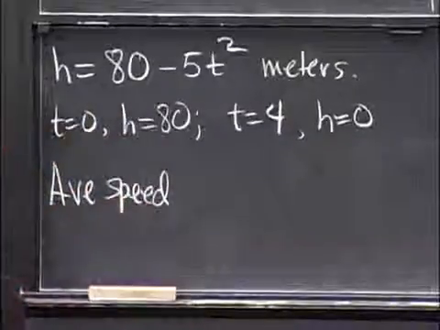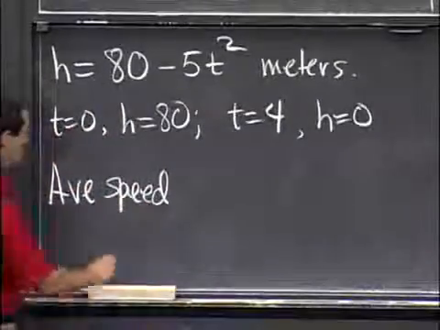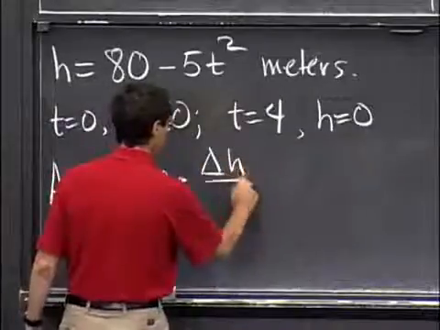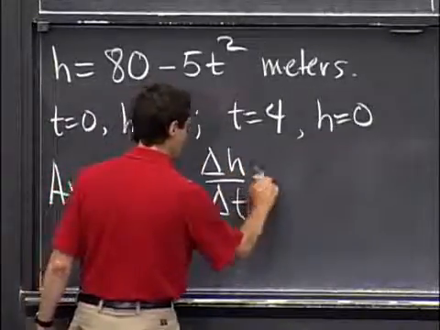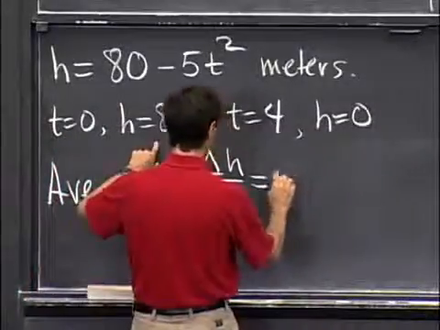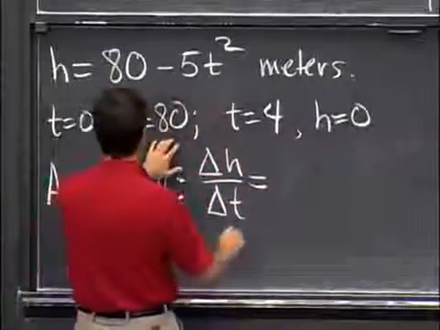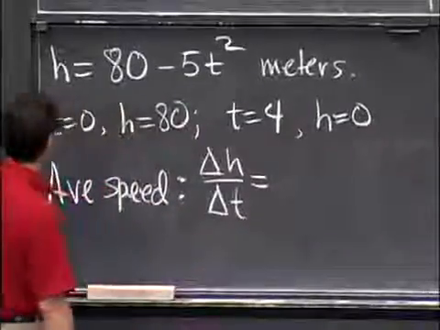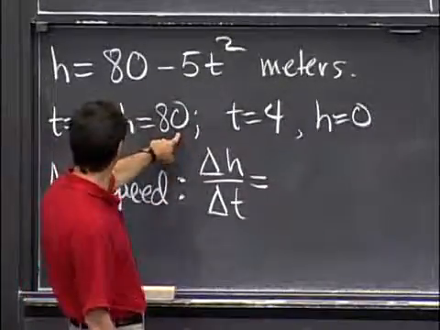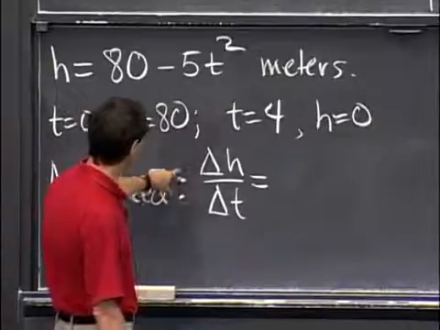over this time that it takes for the pumpkin to drop, is going to be the change in h divided by the change in t. It starts out as 80, right? And it ends at 0.